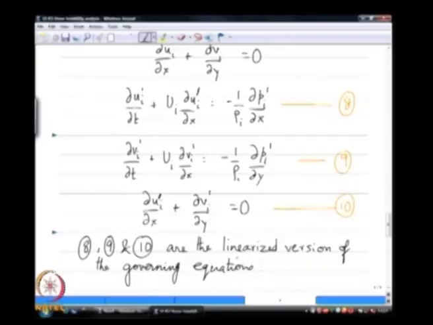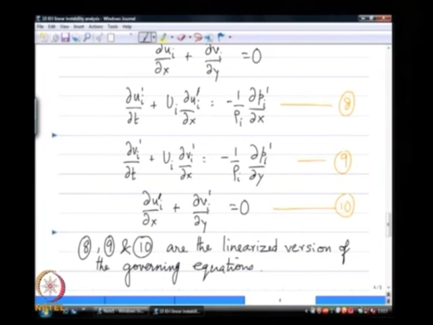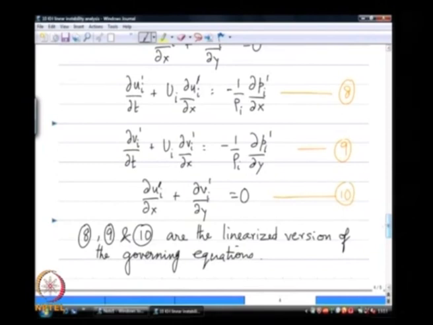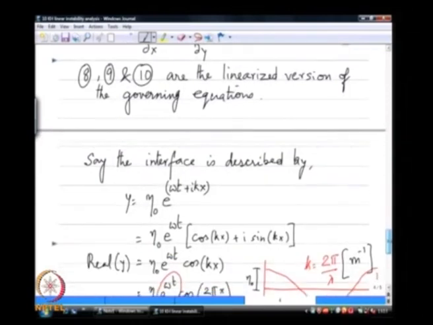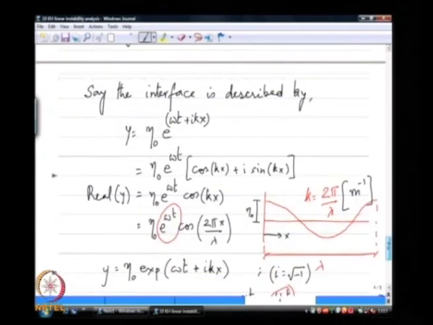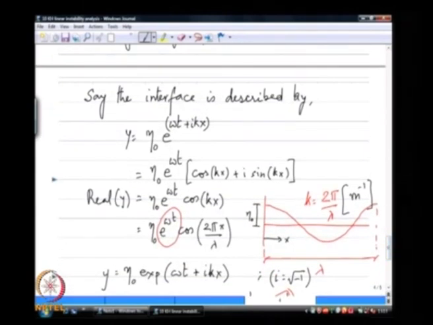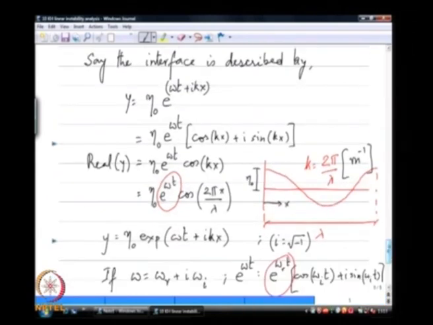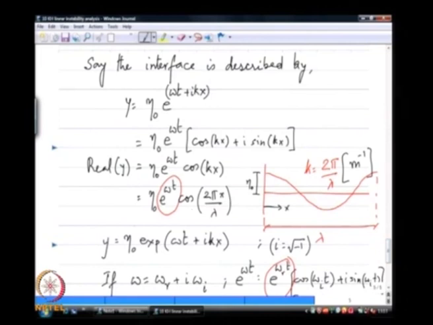That is our essential understanding of stability. These equations 8, 9 and 10 here essentially govern the growth of those perturbations, or really not even the growth, the change of those perturbations in time and space, x and y. Now, what we want to do is impose a sinusoidal perturbation on the meniscus itself, on the interface between the two fluids, and we started to say that we are going to make this meniscus have a function of the form eta 0 times cosine 2 pi x over lambda times e power omega t.